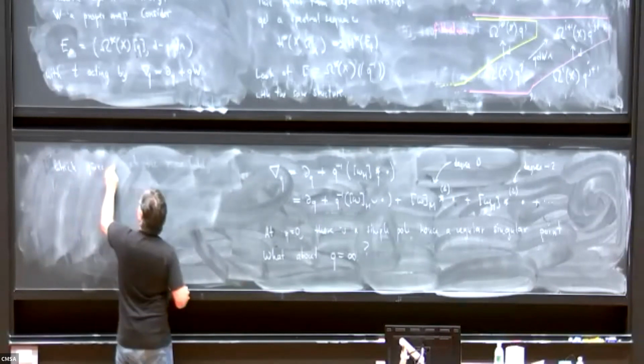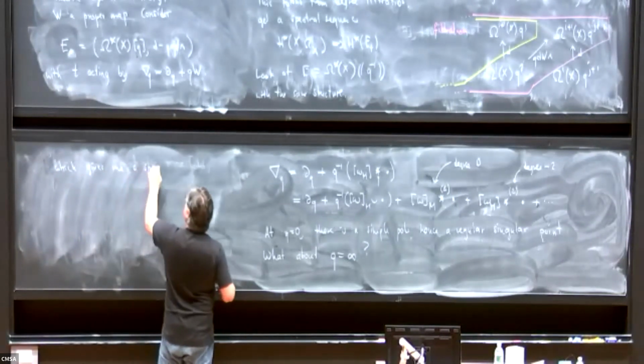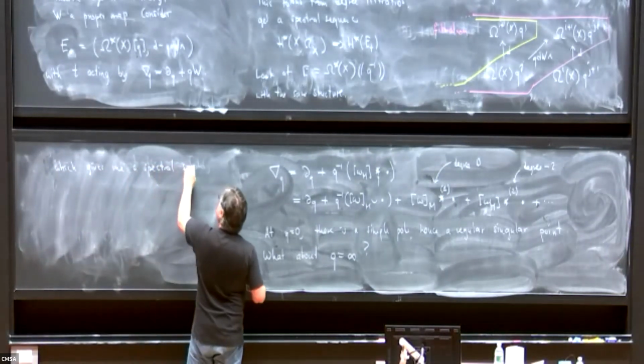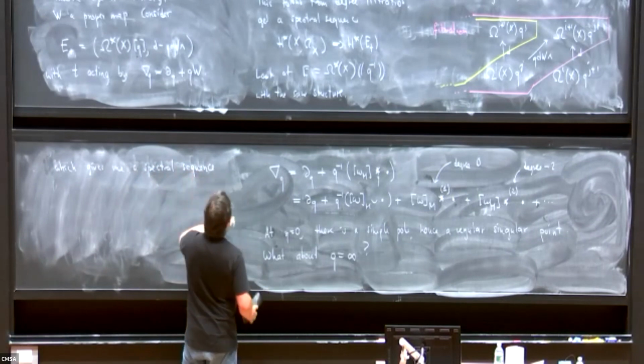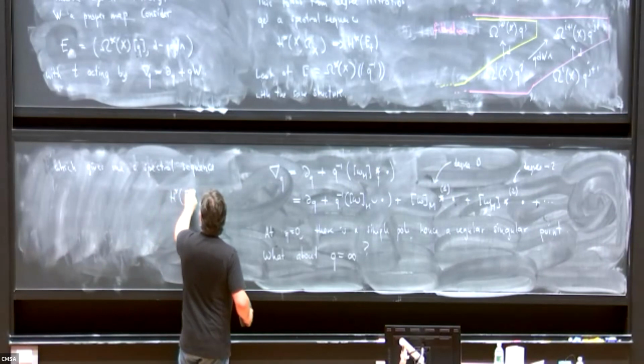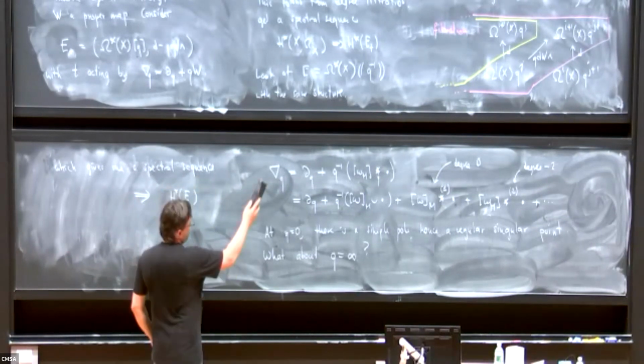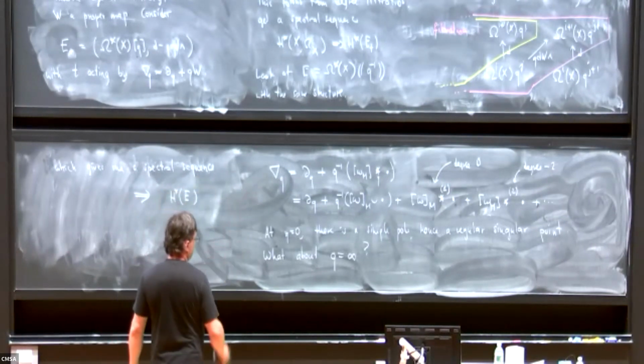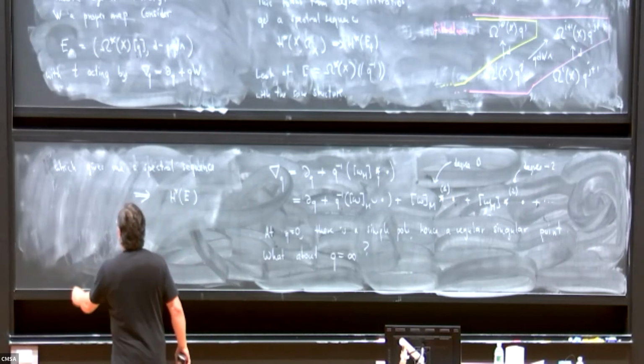This gives me a spectral sequence computing the cohomology of E, now starting from this thing where only dW has the differential.